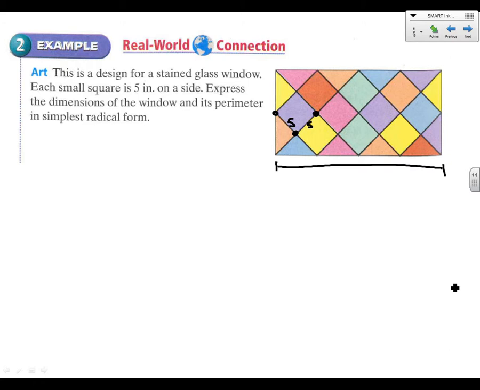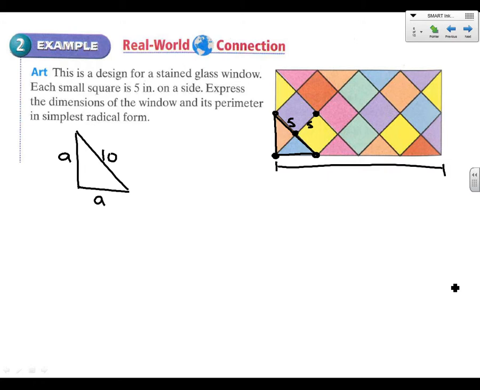Okay? All right, so one thing that we could do here is look at maybe this triangle right here. That might be helpful because then we could figure out how far it is from here to here. Let me just draw this triangle out here. This one would be 10 from here down to here, and we want to know what our side lengths are.